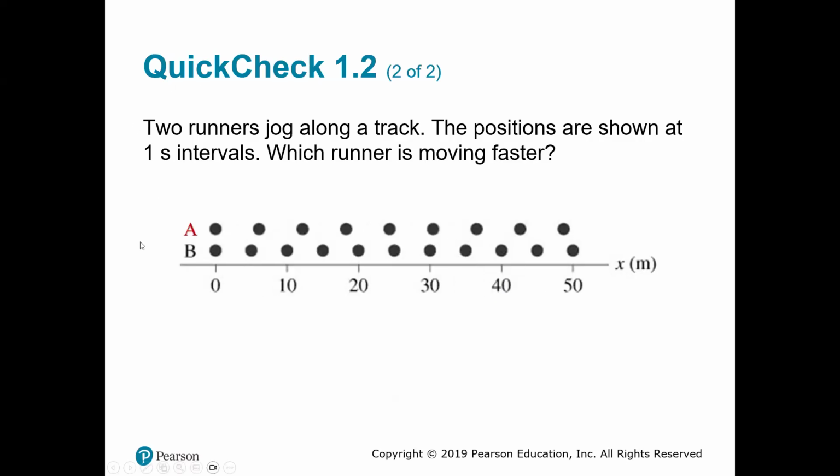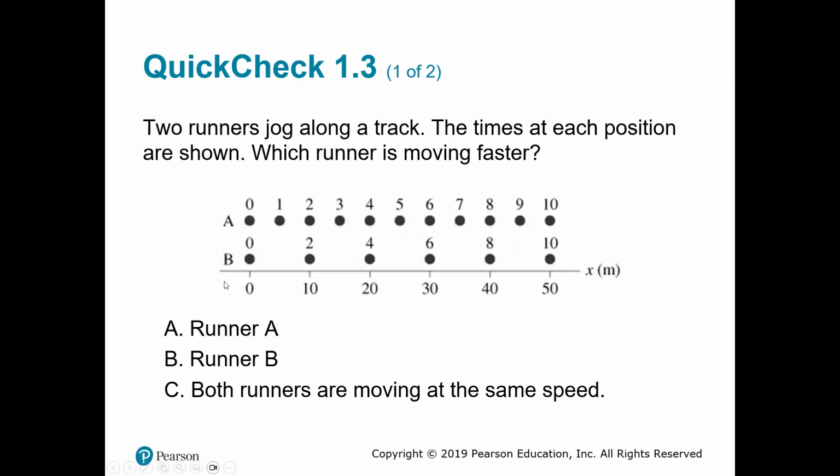The answer, of course, is again A. Why? Because you have a 1 second interval, right? So in 1 second, particle A moves this distance, and particle B moves this much, right? So A travels longer, which means A is faster, right?